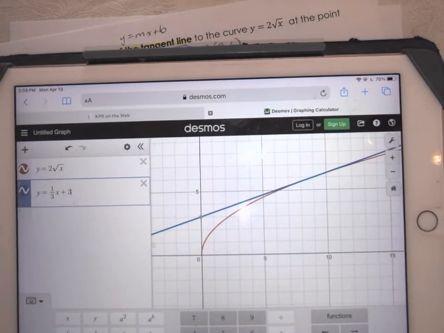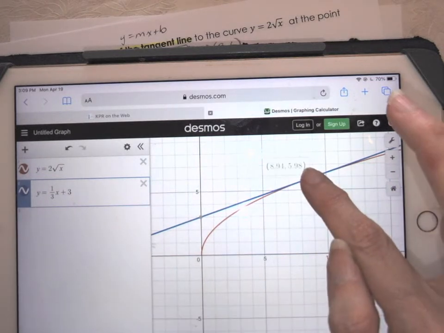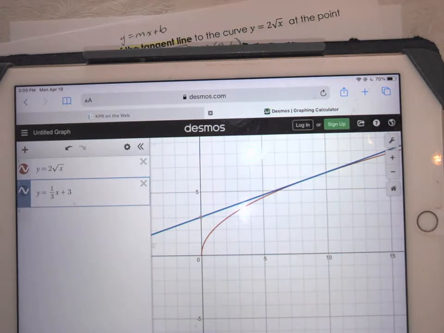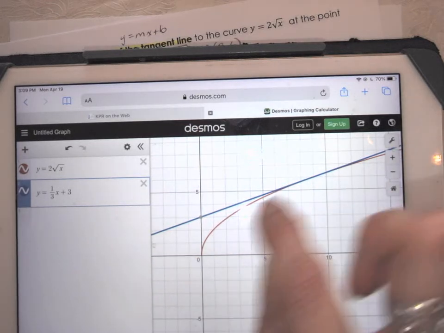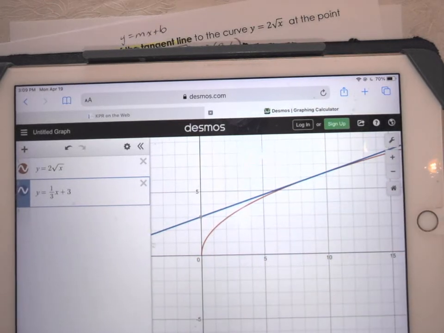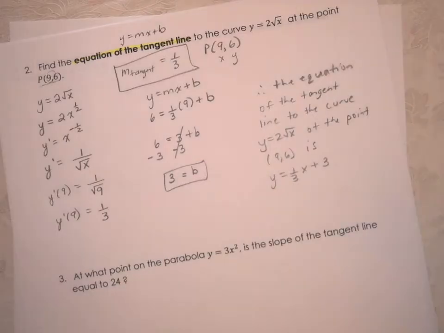And then there's our tangent line. So you can see if you look here at the point 9, 6, which is right here on my screen, you can see that that is the tangent line there. It looks perfect. Touches it at the one spot at the point 9, 6, and best resembles the slope of the curve. There's my tangent line.